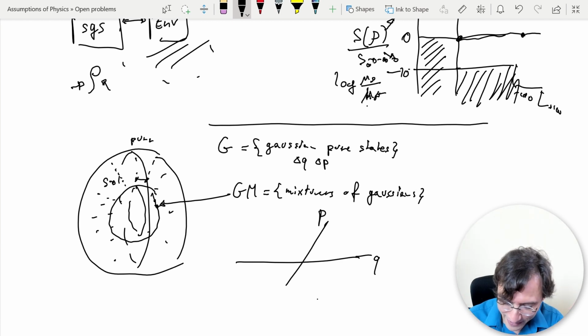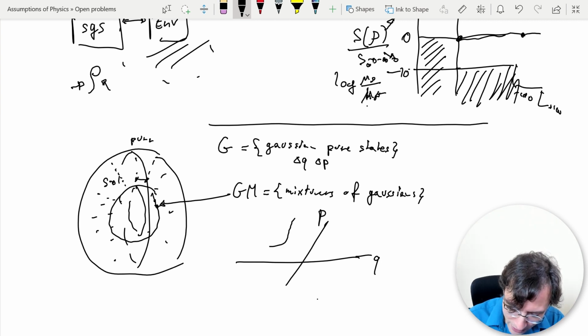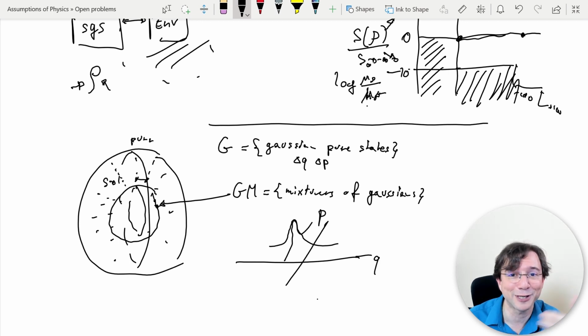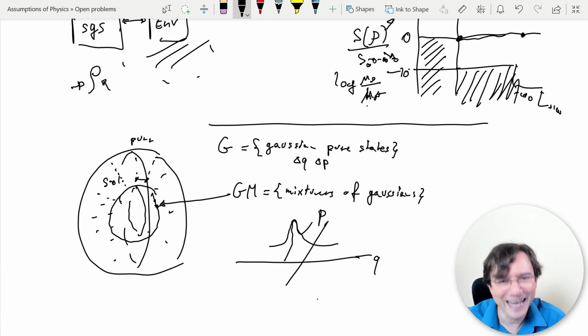Well, the Gaussians have the nice property that they're the only pure states for which that doesn't happen. The quasi-probability distribution is always zero or more, so you can think of the Gaussian states as kind of classical states. And I hear that a lot of quantum optics just does everything with Gaussian states.